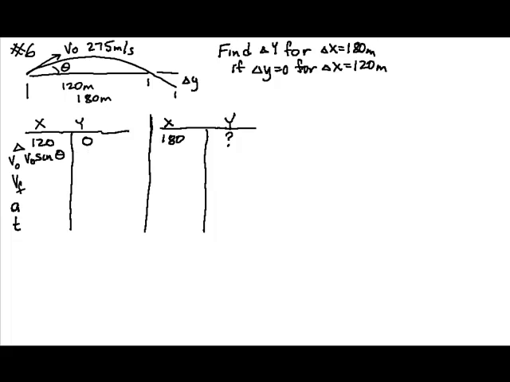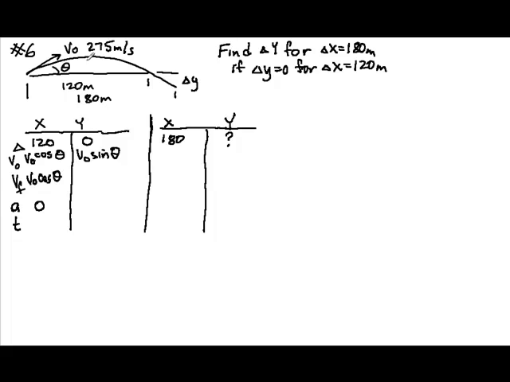Whoops, I just realized I made an error there. Hold on. I've corrected that, so it's v naught cosine theta in the x direction, and v naught sine theta in the y direction. Our final velocity, because there is no acceleration in the x direction, remains v naught cosine theta.